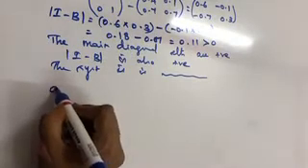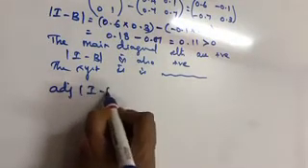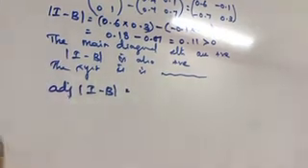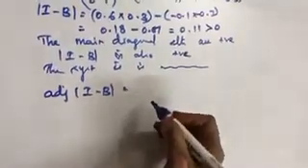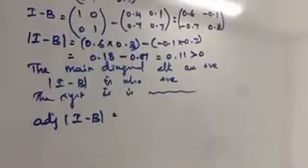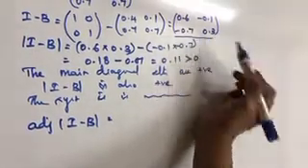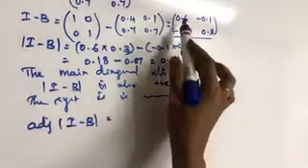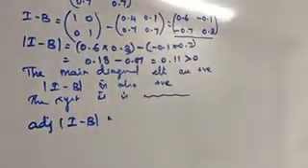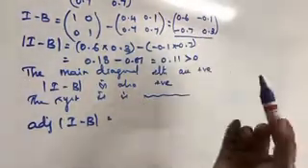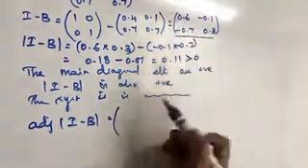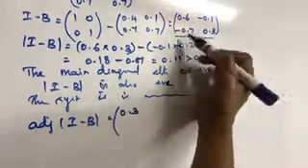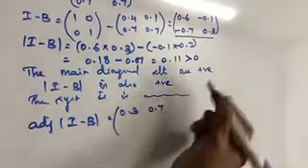Okay, so now we have to find I minus B inverse. For that, we need to find the adjoint of I minus B. The adjoint is obtained from the cofactor matrix. First we have to write the cofactor matrix. What is the cofactor of 0.6? It is 0.3. What about this? Minus of minus, so it is plus 0.7.